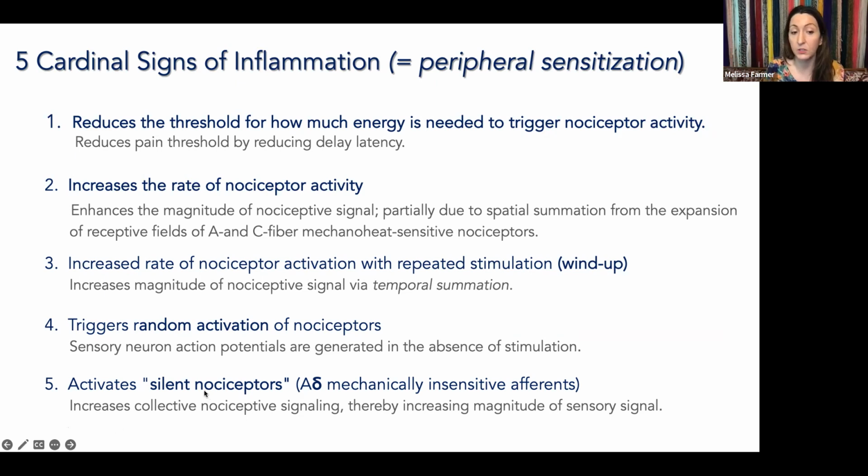So in a sense, with all of these things, what they're doing is increasing the nerve's ability to transmit information about some noxious stimulus that's happening. It makes that signal stronger, it makes it last longer, and it recruits other things that normally aren't painful or normally aren't triggering these signals, and it sort of recruits them all.